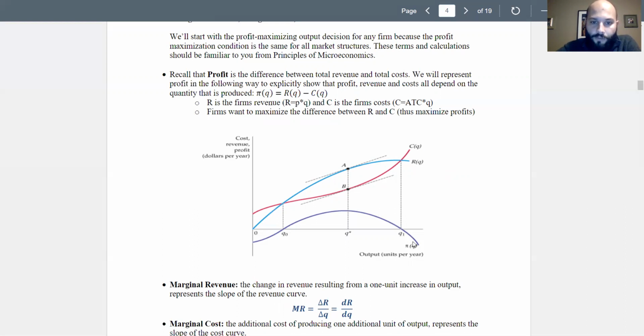What we're going to show mathematically is that at the maximum point of this profit function, or at the profit maximizing quantity, the slope of the total revenue curve is exactly the same as the slope of the total cost curve, or in other words, marginal revenue equals marginal cost.